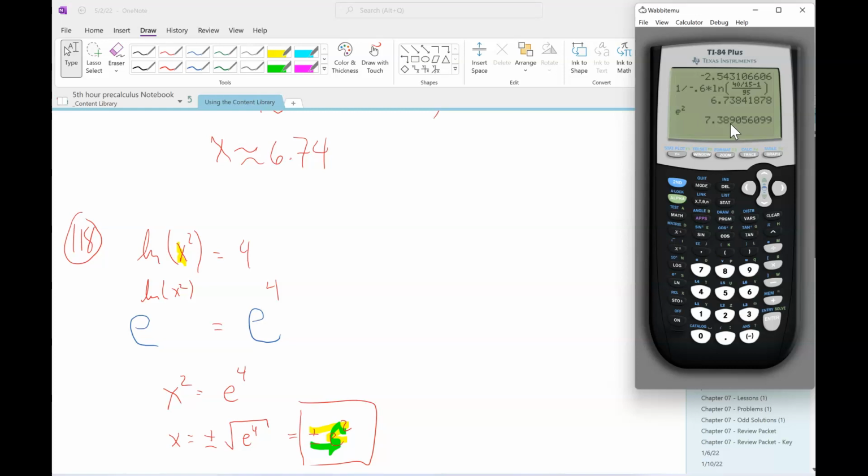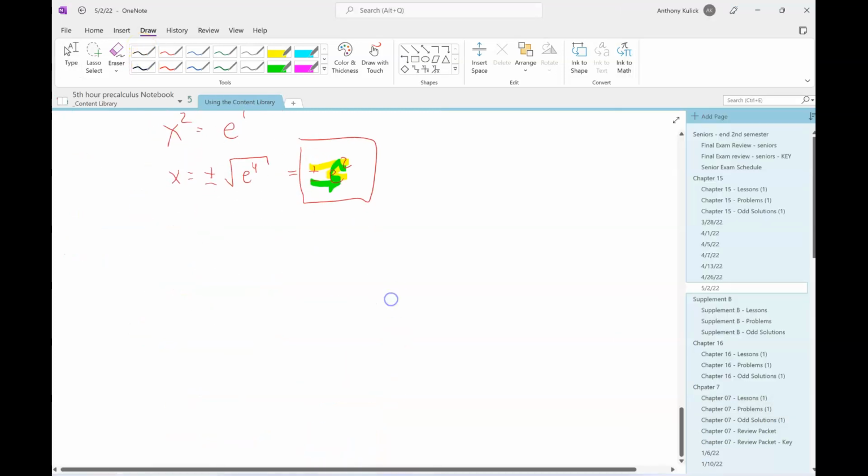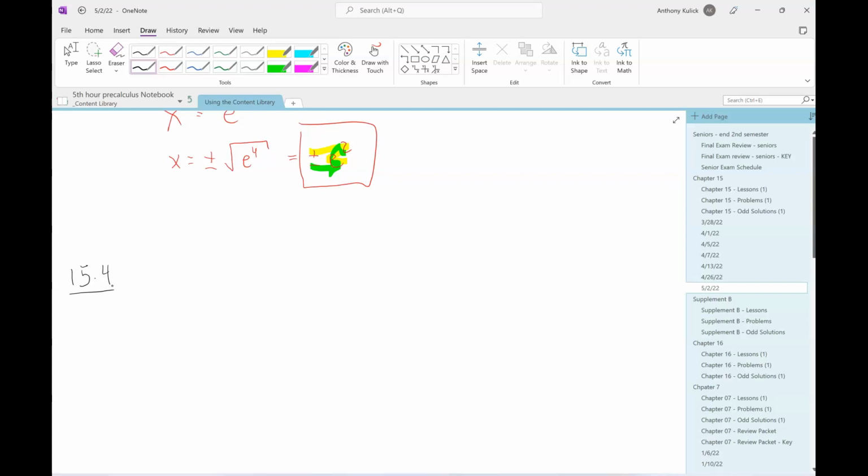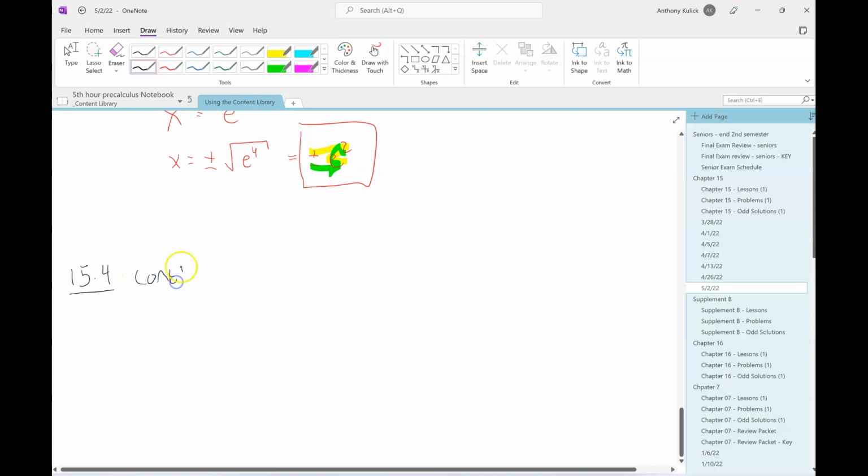All right. Let's pick up where we left off in section 15.4. So in section 15.4, this is continued also.